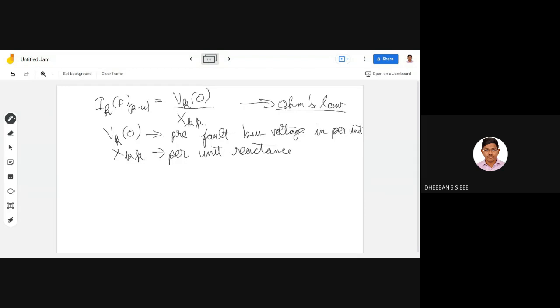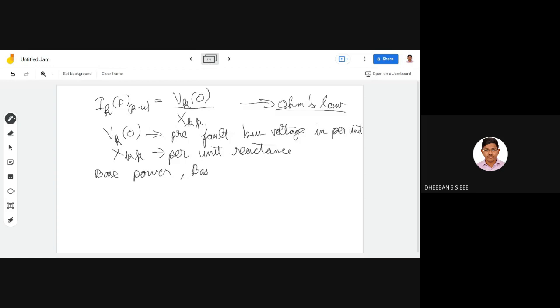Now we have got the value of the fault current. Before that, you have to know how to find the base current. In the question they will be giving the base power, followed by the base voltage.